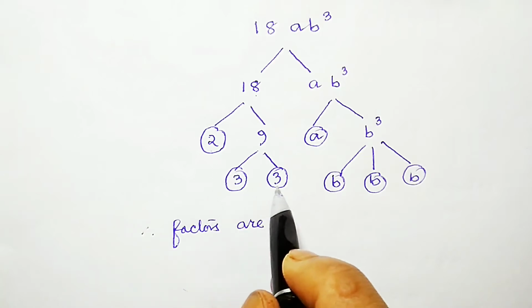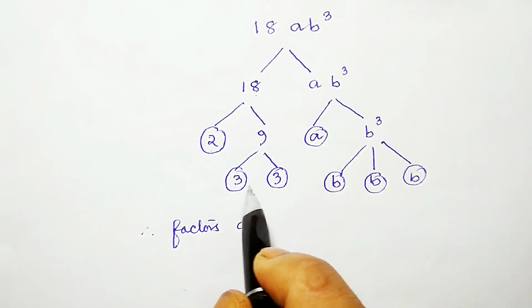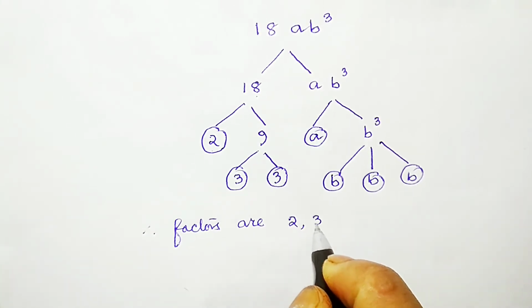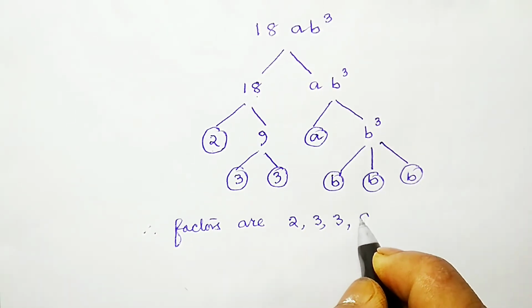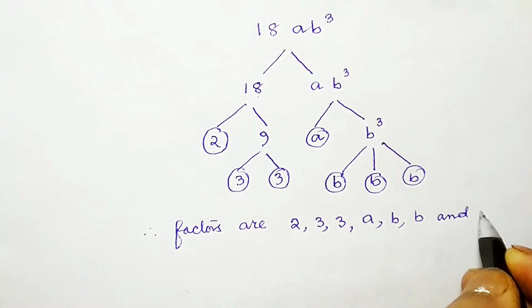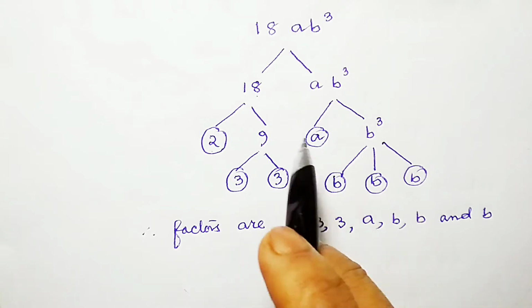Just see, in the boundary whatever numbers are there, these are the factors. So you can write the factors are 2, 3, 3, a, b, b and b. Clear? So these are the factors of 18ab cube.